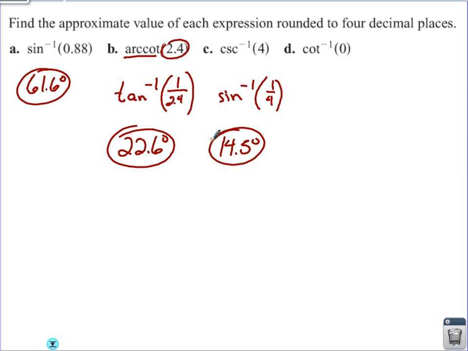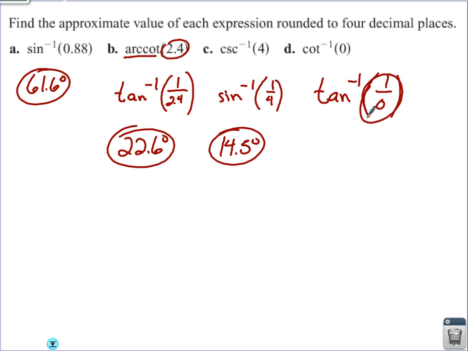And the last one, the inverse cotangent of 0, which would be the reciprocal, the inverse tangent of 1 over 0. Now let's think about that. Yeah, 1 over 0 is undefined, right? But my question is, will that have an answer? There you go. Because this is undefined.